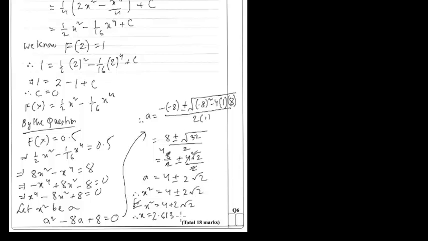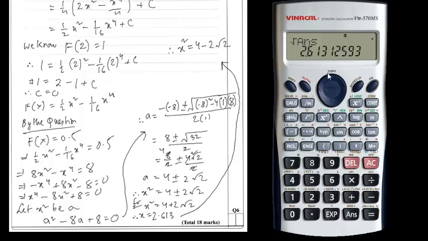Therefore x squared equals 4 minus 2 root 2. Now I'm going to take the negative one. That means 4 minus 2 root 2 is 1.17.